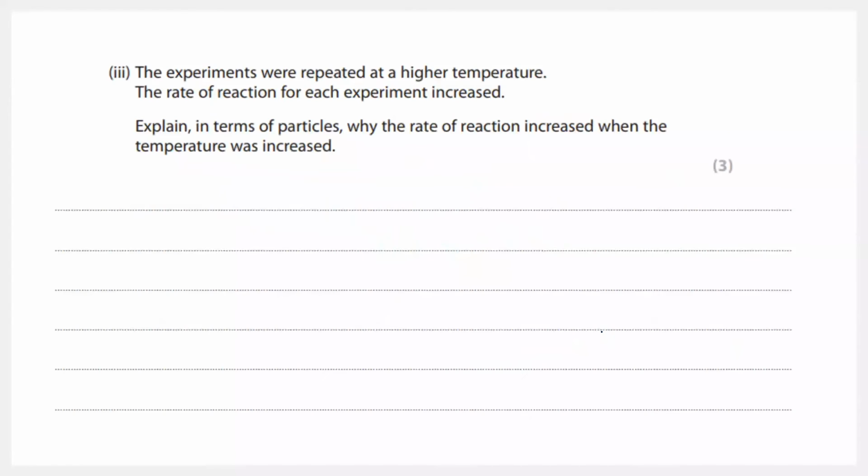Okay. The experiments were repeated at a higher temperature. The rate of reaction of each experiment increased. Explain in terms of particles why the rate of reaction increased when the temperature was increased.